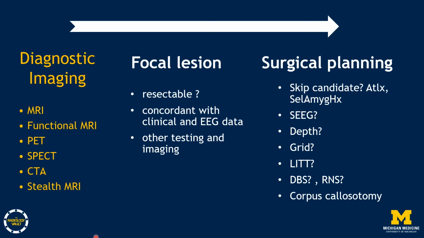It is important to understand what the pathology is and what the surgical intervention needs to take place. Some of it is just for further evaluation using SEEG, depth, or grids, and then there are post-treatment interventions such as LITT or DBS or corpus callosotomy in order to resect the abnormal tissue.